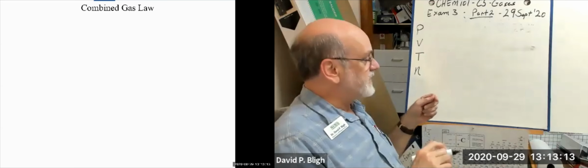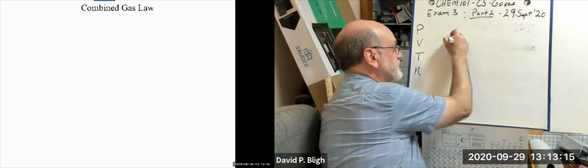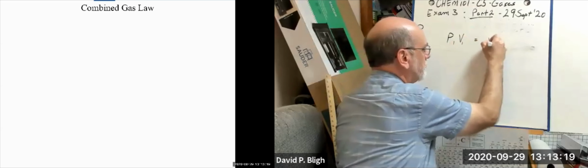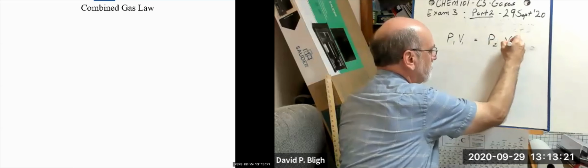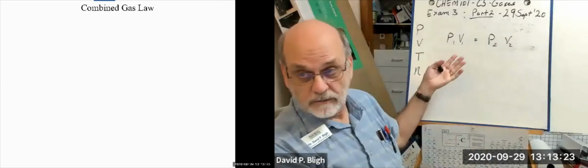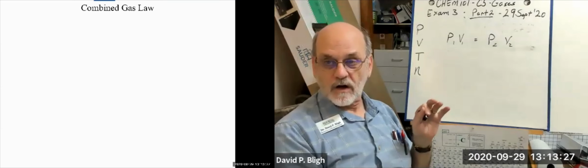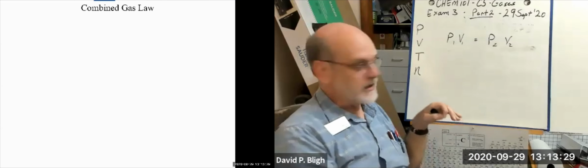So with that being said, we could say this: start with Boyle's law and then introduce Charles' law. Charles' law is the volume-temperature relationship, right?